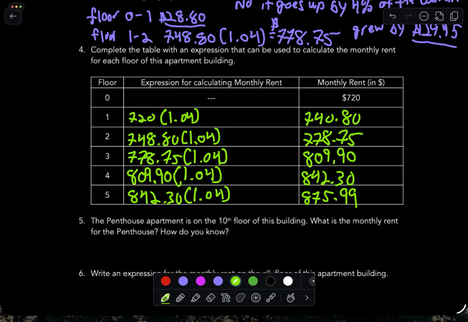So as you see, when you get up to the fifth floor, you're paying more than $100 more a month for that floor, okay? Notice that going from one term to the next in this sequence, this is a sequence, we're multiplying by 1.04. It has a common ratio.